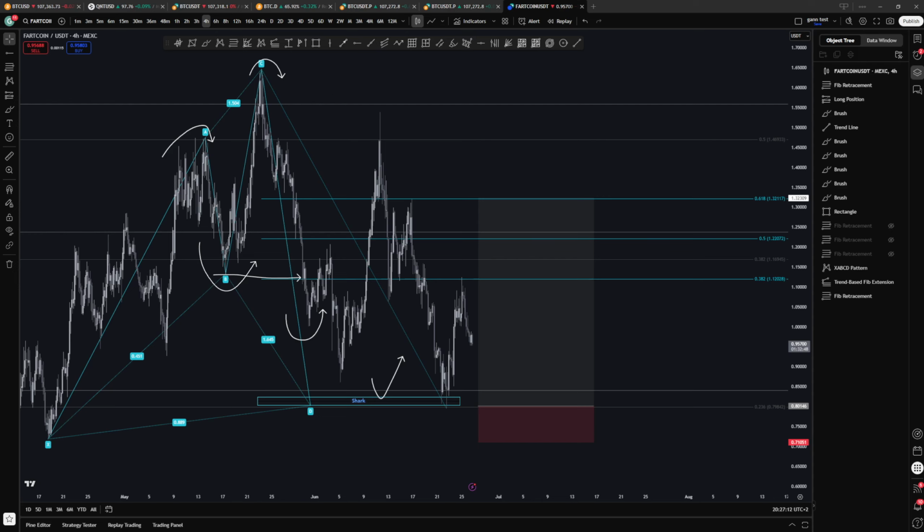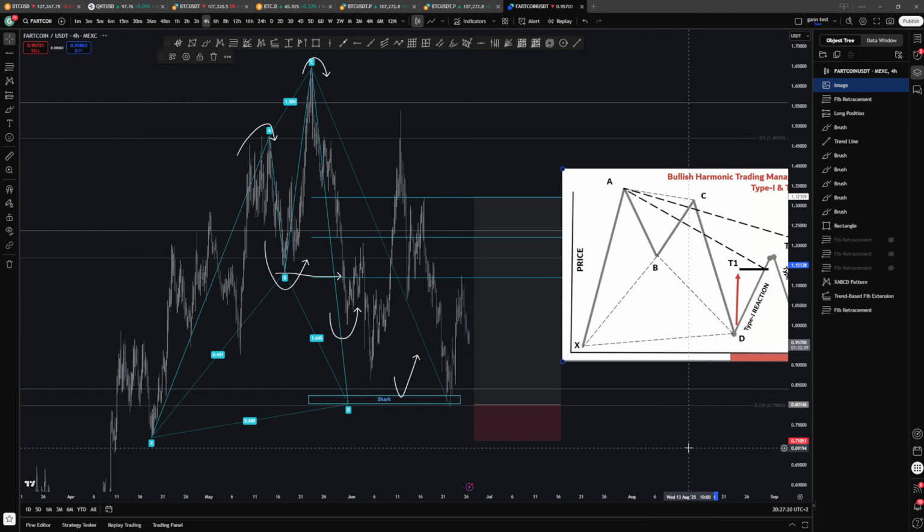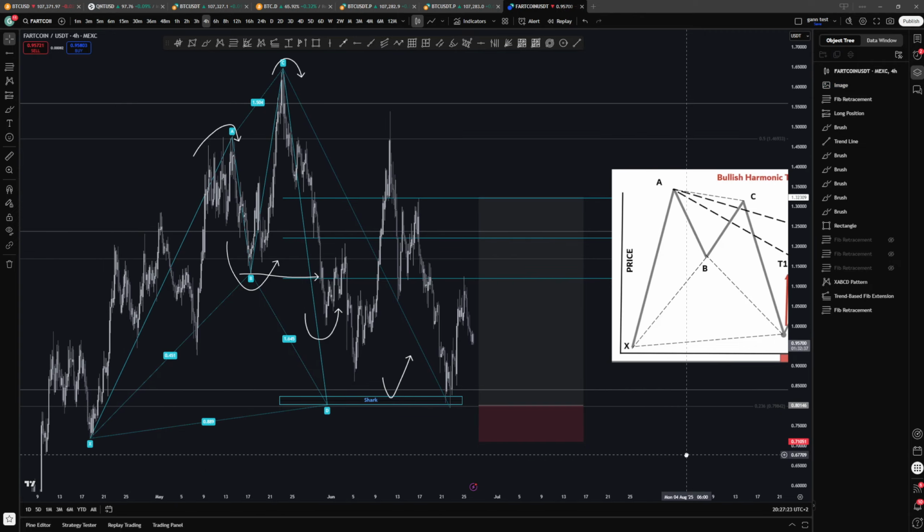What I usually want to look for when we have patterns that have already started reacting is this. Essentially, I'm not going to bore anyone with the details, right?